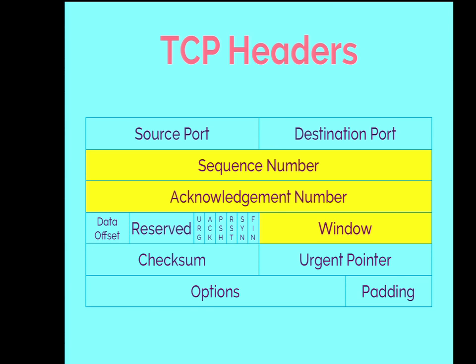The sequence and acknowledgement numbers are used to track the order of packets being sent and which packets have been received correctly. The window size is the number of packets that can be sent at once before waiting for an ACK. The checksum field is used to ensure that TCP headers don't get corrupted, and the offset and urgent pointer fields are used to speed up decoding a bit. Options is there, but very rarely used. And finally, we have a set of 6 one-bit control flags. These are used to set the mode of the TCP packet.